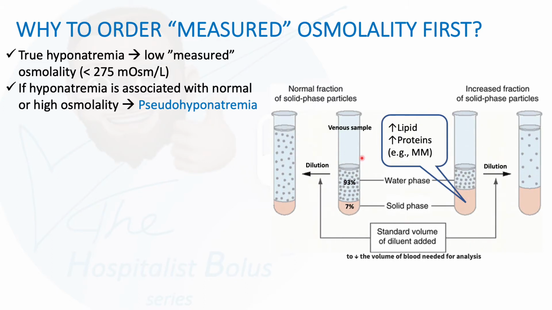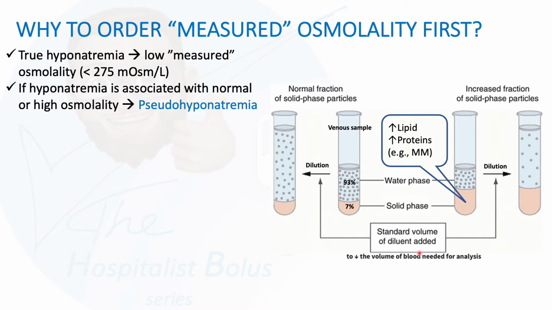So why does this happen? Basically, in most labs, maybe not all, to decrease the volume of blood they need for analysis, they take a small sample. And as you know, most of the time the water phase is more than 90% of the plasma, with the solid phase making up the rest, in the normal constituents of plasma. So this is a venous sample of a patient that does not have pseudohyponatremia.